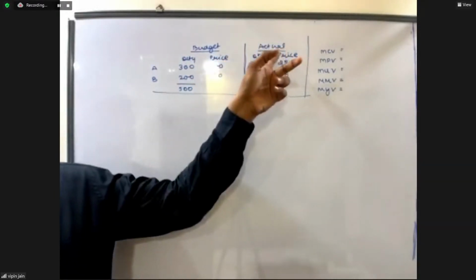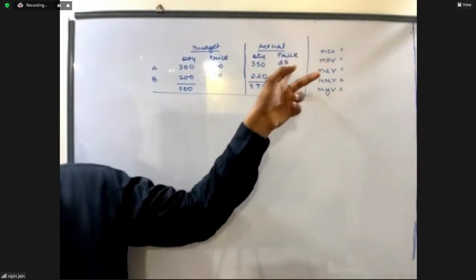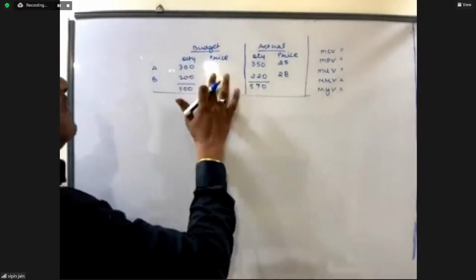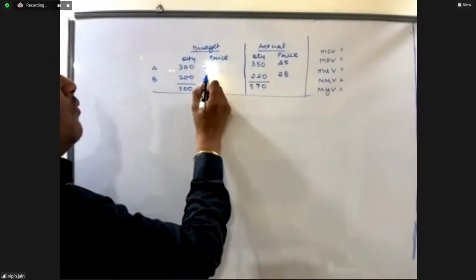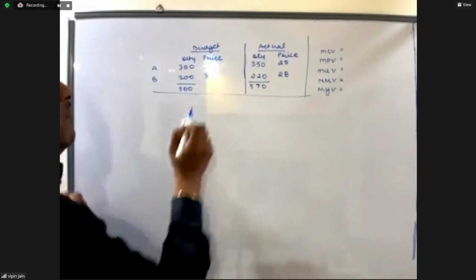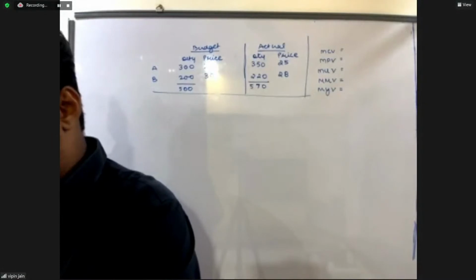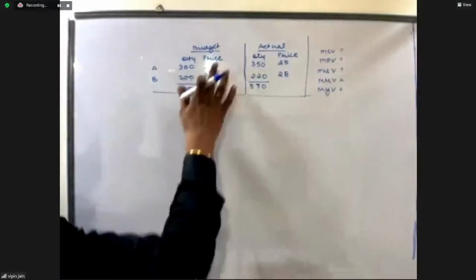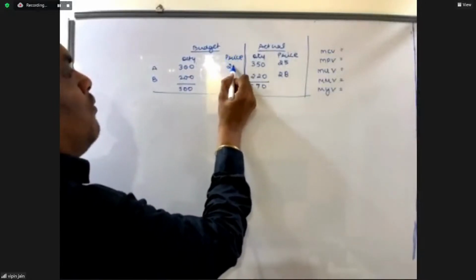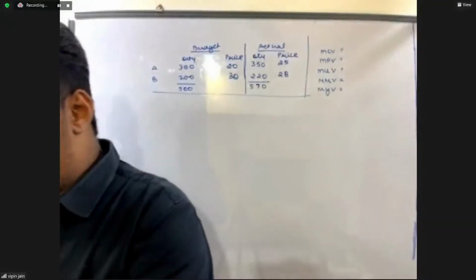When talking about the actual data, it is 350, 220, and 570. And the price is 25 and 28.